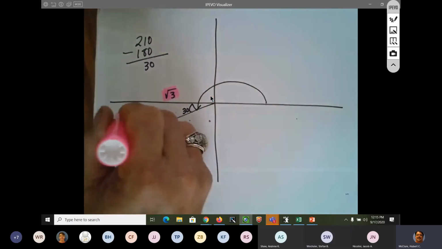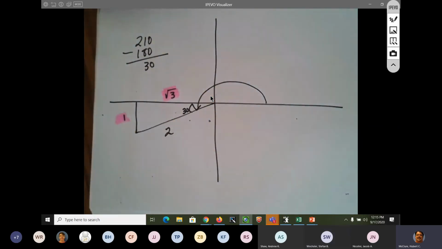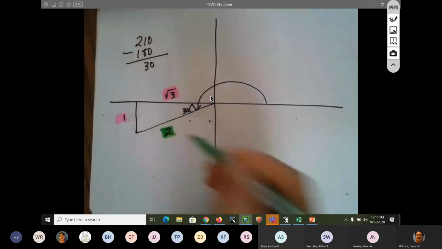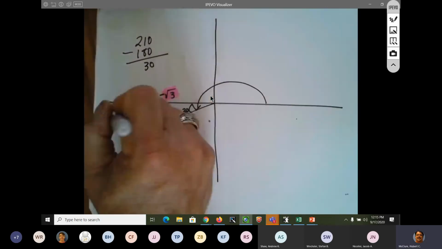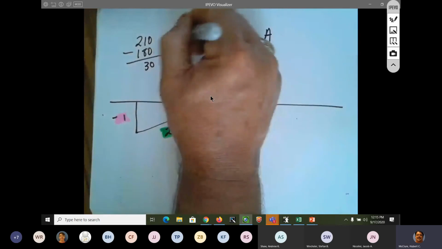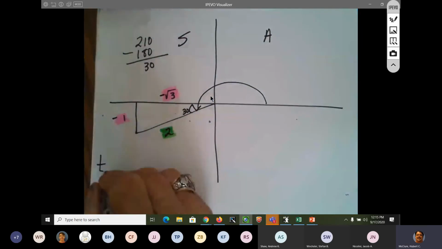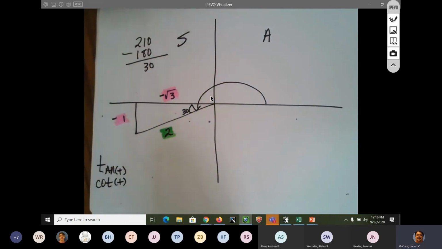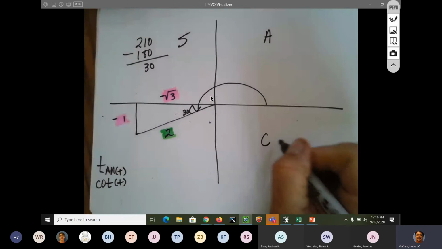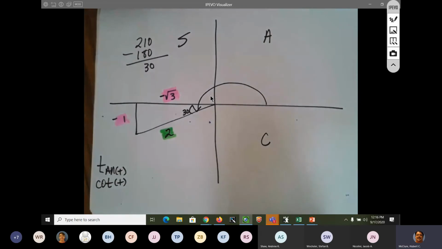It's negative. So therefore, we always know that the hypotenuse is positive. So we know why all students take calculus. All students take calculus. So that means the tangent and the cotangent are both what? Positive. The rest are negative.